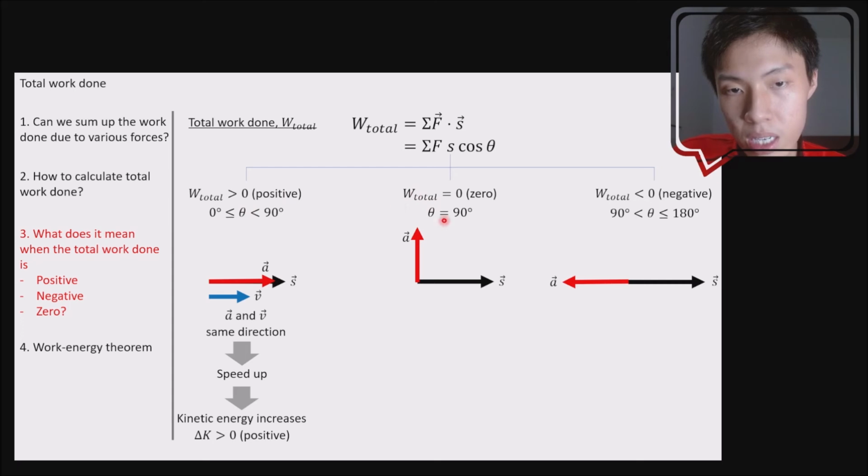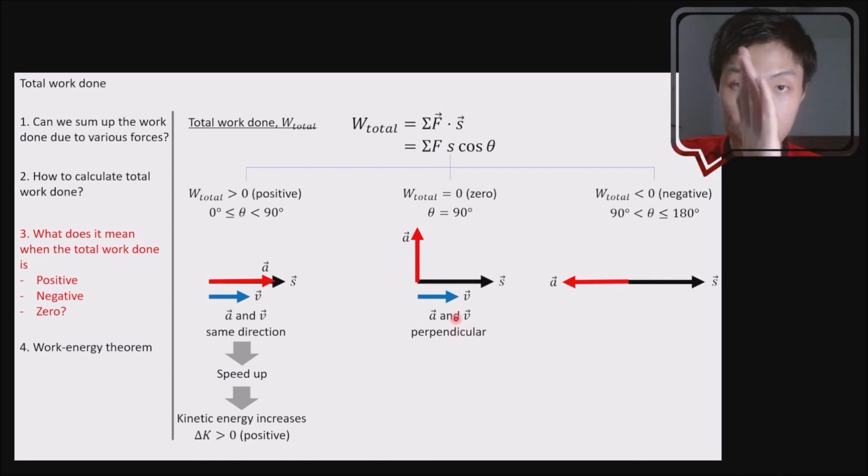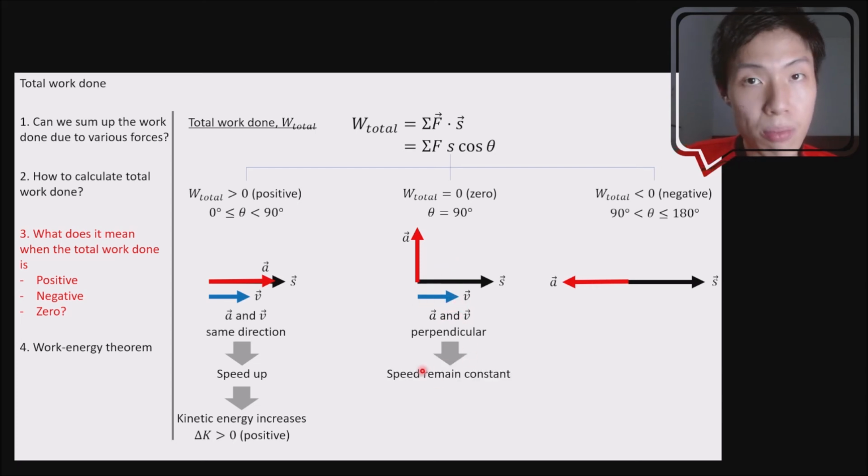Okay? If your total work done is equal to 0, then you can see that here the velocity is pointing to the right, but your acceleration is pointing upwards, let's say. So the v and the a are perpendicular to each other. If they are perpendicular to each other, the velocity won't change in magnitude. So your speed will remain constant.